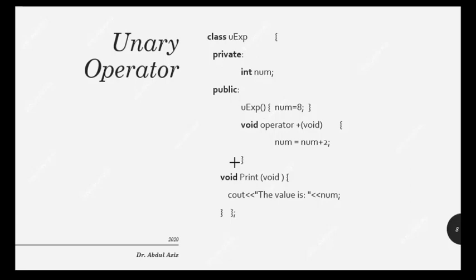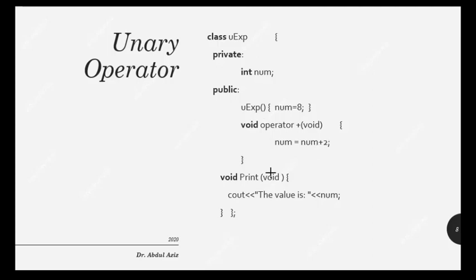And now look, we are going to define the operator. You simply write operator plus, which means I'm going to overload this plus operator in my class. It is not going to return anything and not going to accept anything. What we are going to do is increment the attribute value by 2.